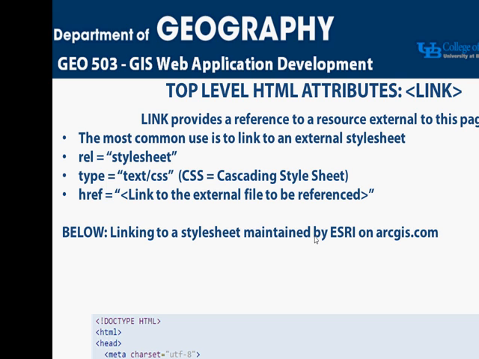There's a rel attribute. In this case, we define it as a style sheet. Its type is text/CSS. That tells the browser that the link is to a CSS file, a cascading style sheet. And then the href tells me the web address of that cascading style sheet.